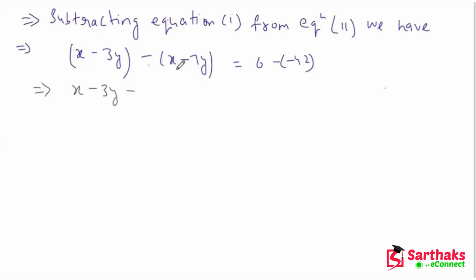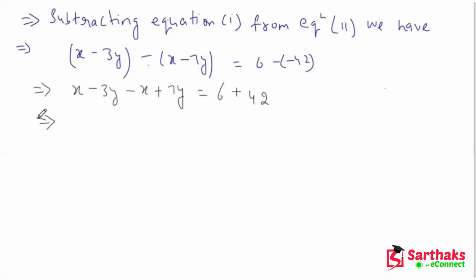Then the signs are changed because before the bracket there is a negative sign. In the bracket the x is positive. After removing the bracket, the x becomes negative, and here it is negative, so the sign will be changed and it will become plus 7y, and now 6 minus minus becomes plus. Okay, and here is 42. Now we get x minus 3y minus x plus 7y.